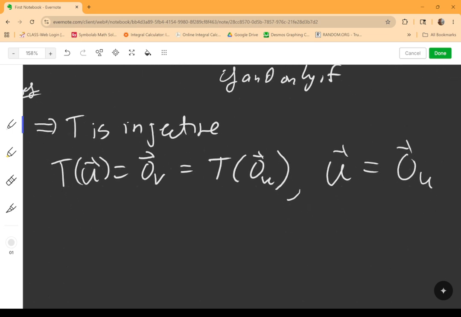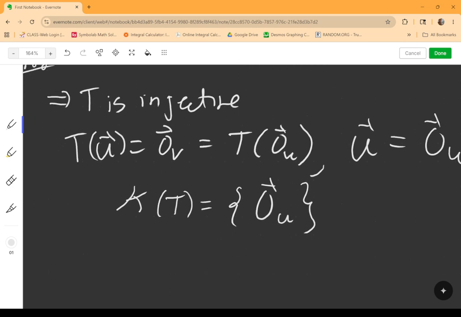In other words, when the kernel only contains the 0 vector, we say that it is a trivial kernel, the same as a trivial null space. It is analogous there. So that's the first direction.